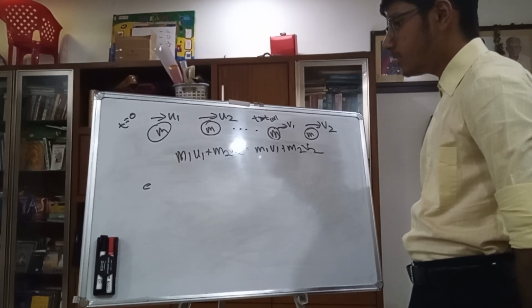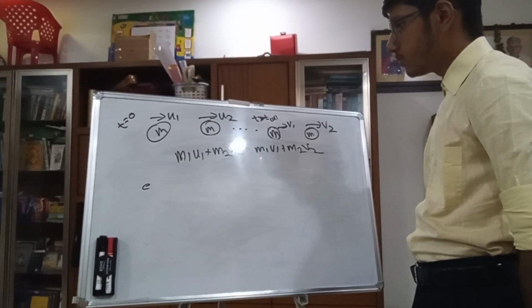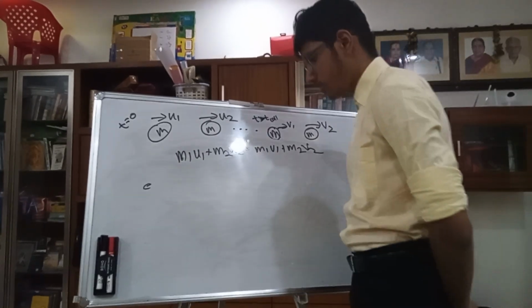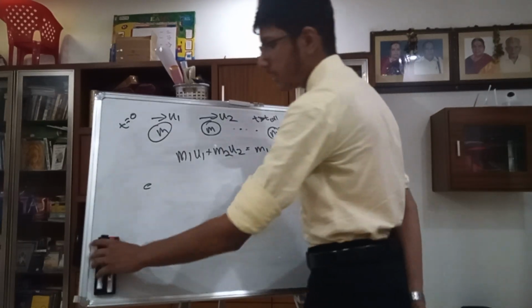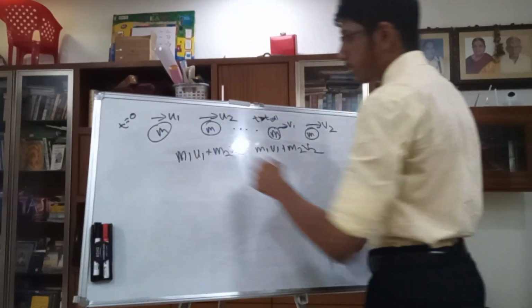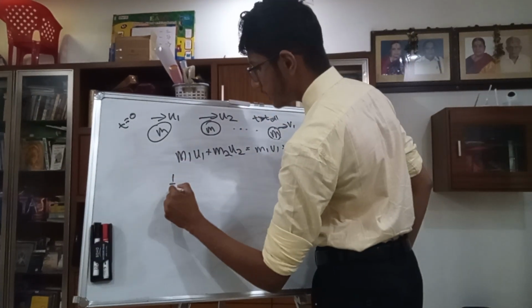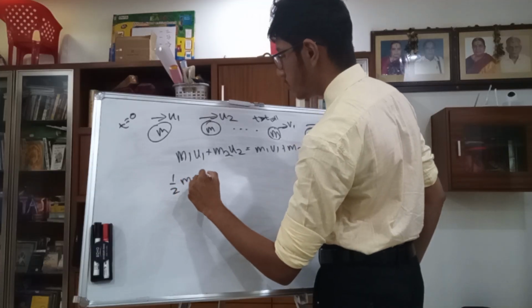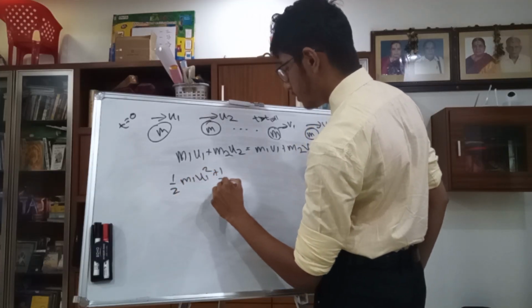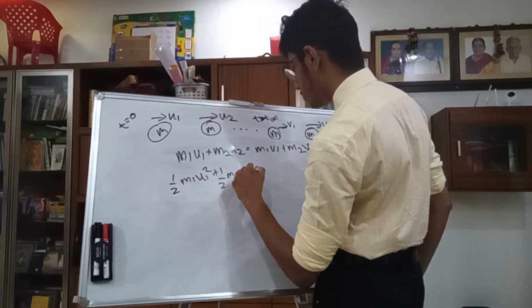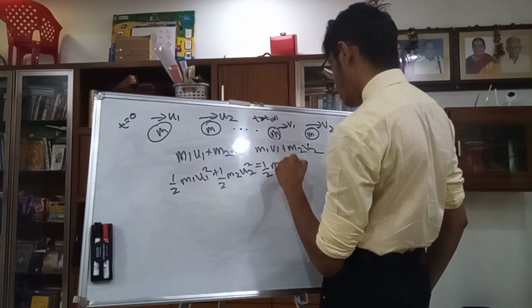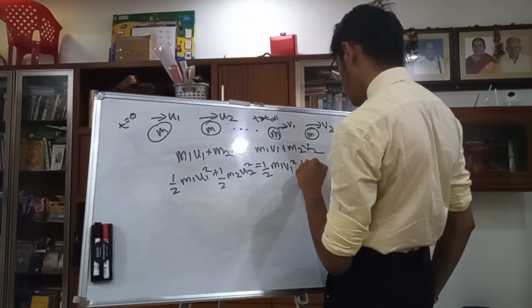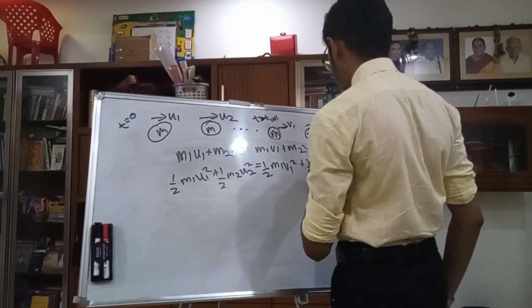We'll discuss elastic collision first. In elastic collision, kinetic energy is also conserved. In kinetic energy conservation, we can say half m1 u1 square plus half m2 u2 square equals half m1 v1 square plus half m2 v2 square.